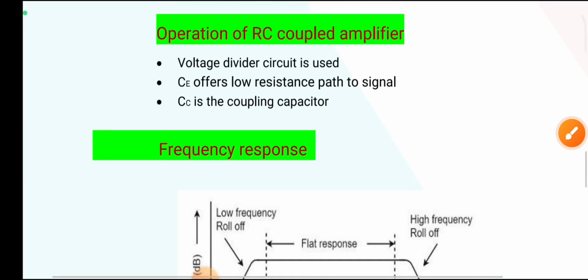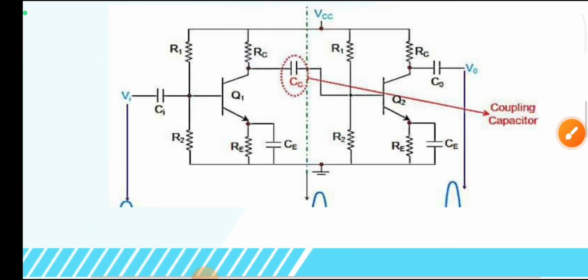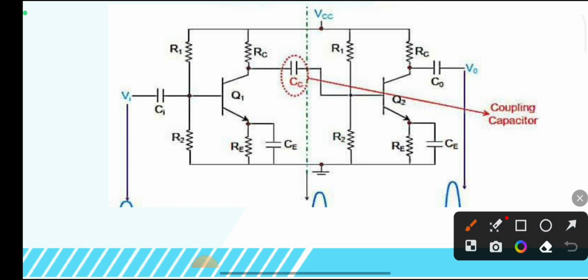From the circuit, this is the bypass capacitor CE, and it offers low resistance to the AC signal. So at a higher frequency, CE offers much lower resistance, for AC, not DC.